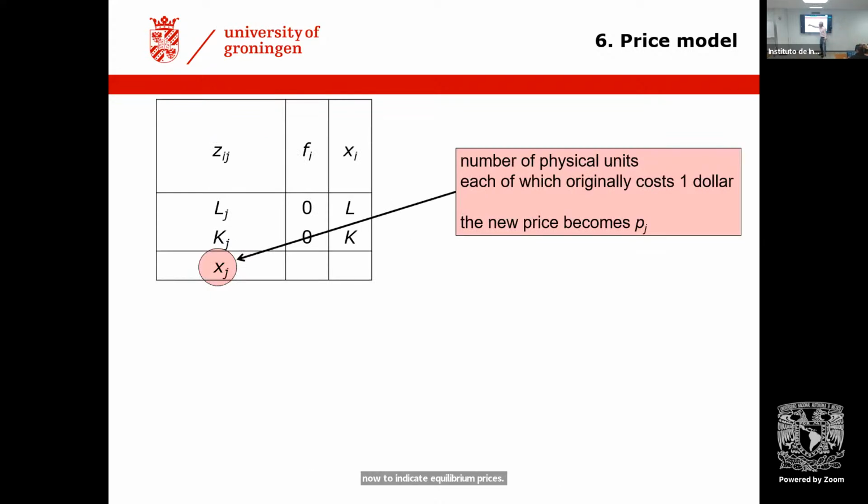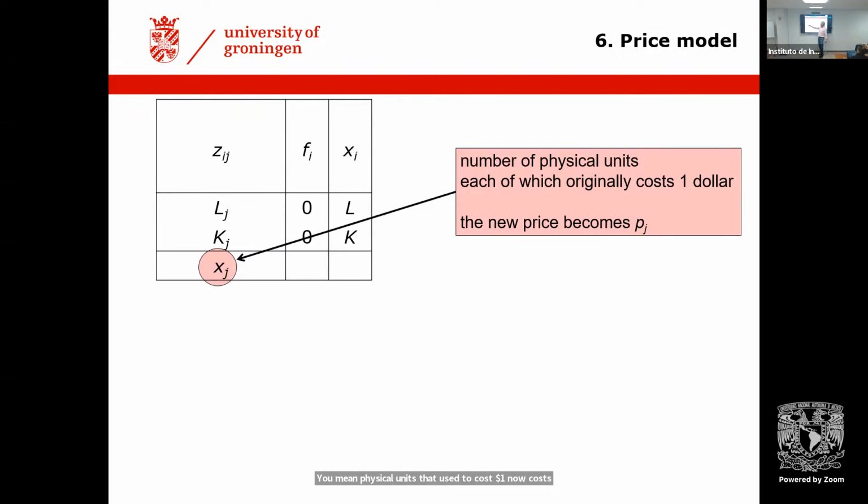In the input-output table, the xj indicates the number of physical units, each of which originally cost $1. Now something changes, and every physical unit that used to cost $1 now costs something else, namely PJ.